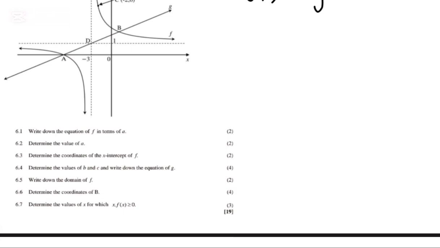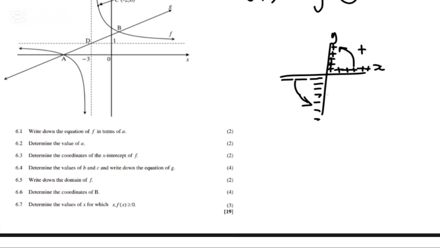Okay, so let's think of this. If I've got a Cartesian plane, and these are all pluses, and these are all pluses, so my y values are plus, and my x values plus. If I multiply this x with this y, I'll get a plus. So that is perfect. And also in this quadrant, because that's all the negative, if I take my x and I multiply it with my y, my negative and my negative, I'll also get a plus.